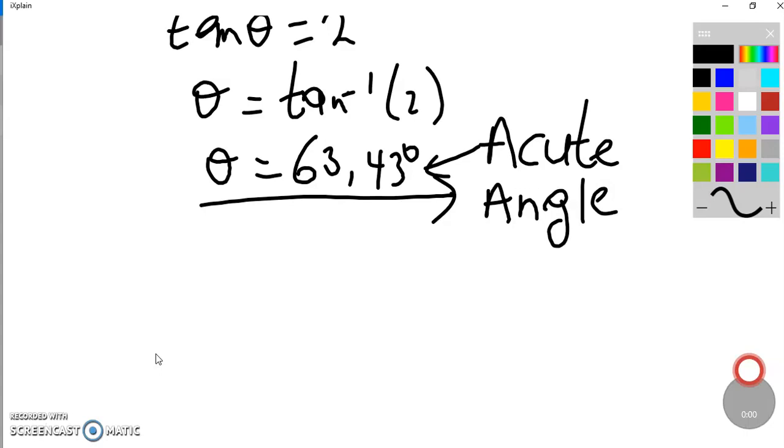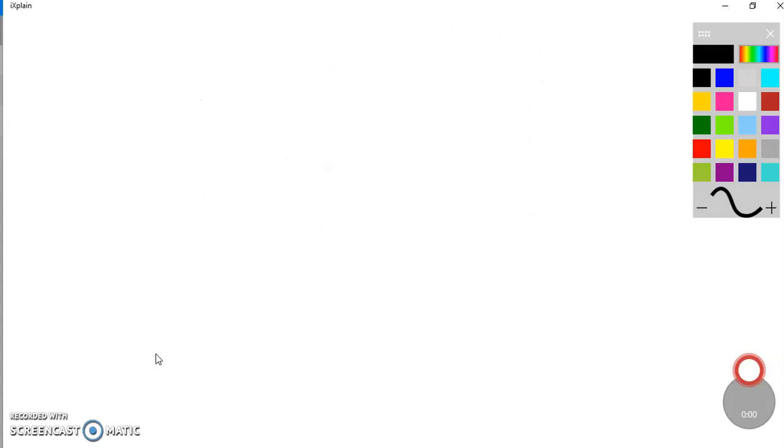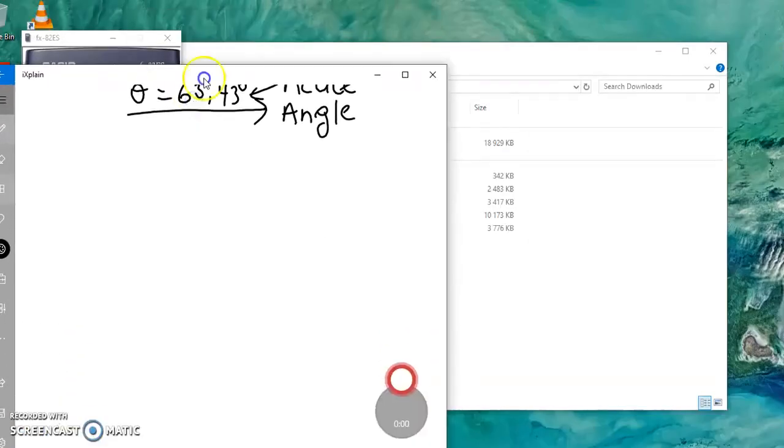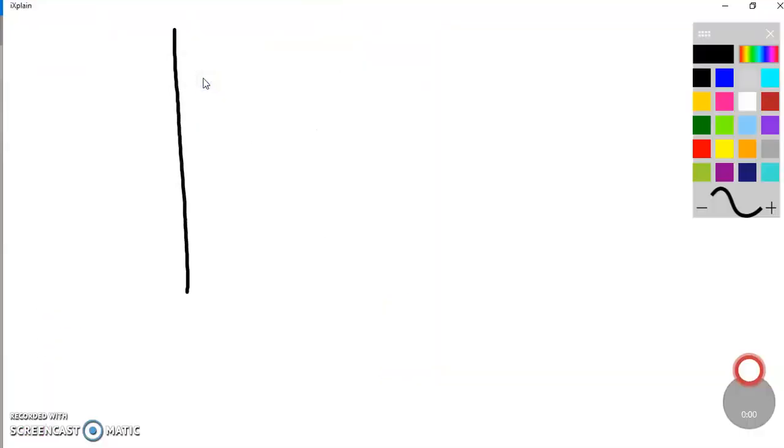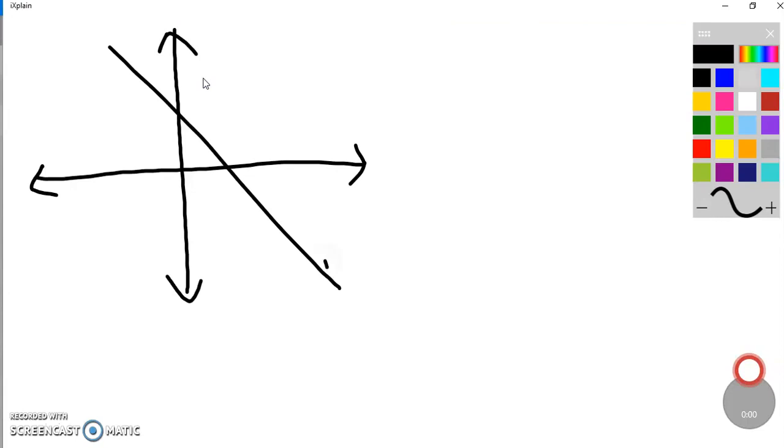In another case, we have a straight line with a gradient that is negative, like this one. So the gradient of this straight line is negative. To measure the angle of inclination, it is measured from the x-axis to the straight line in an anti-clockwise direction.